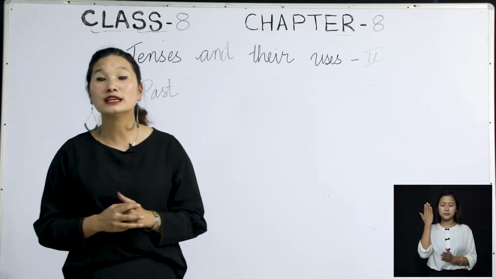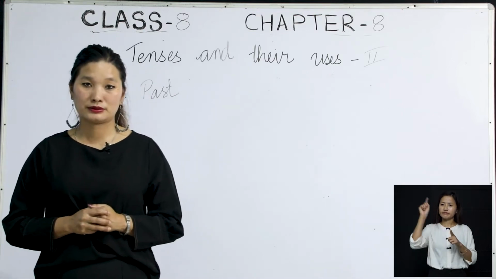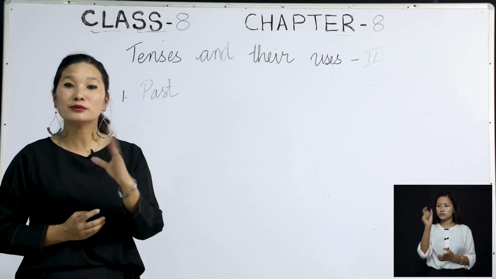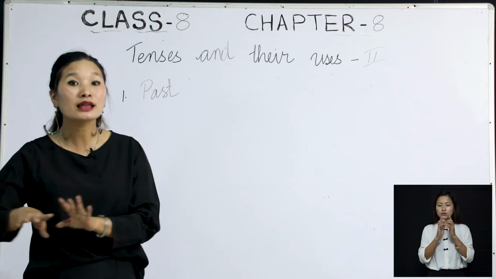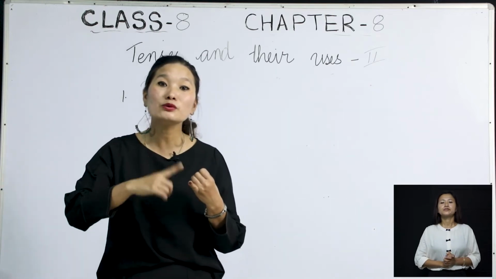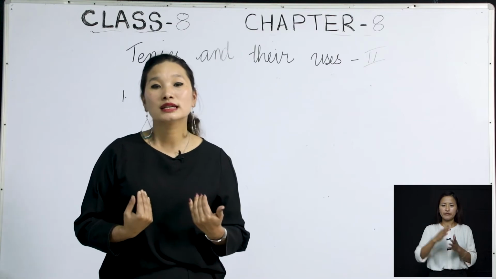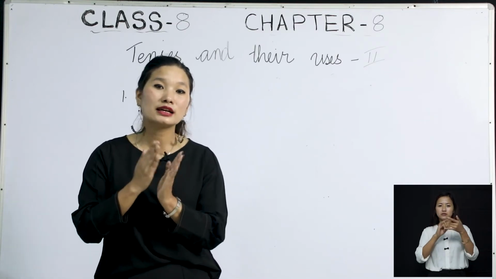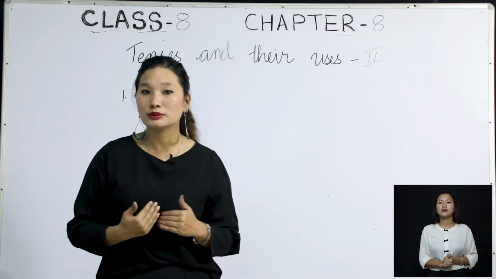Example, if I say "he visited Delhi every year," we are talking about a person who visited Delhi every year, but this sentence shows that he does not do that anymore. He did that at a certain point of time, but he is not doing that anymore.